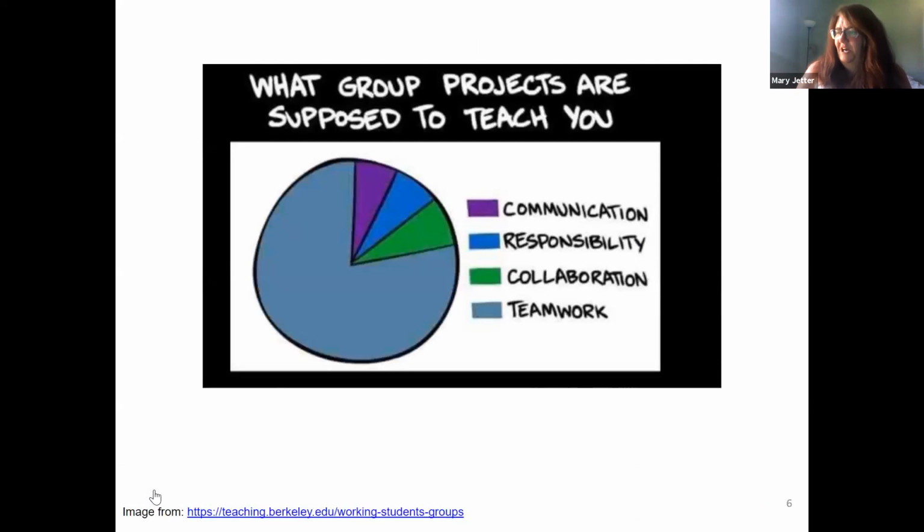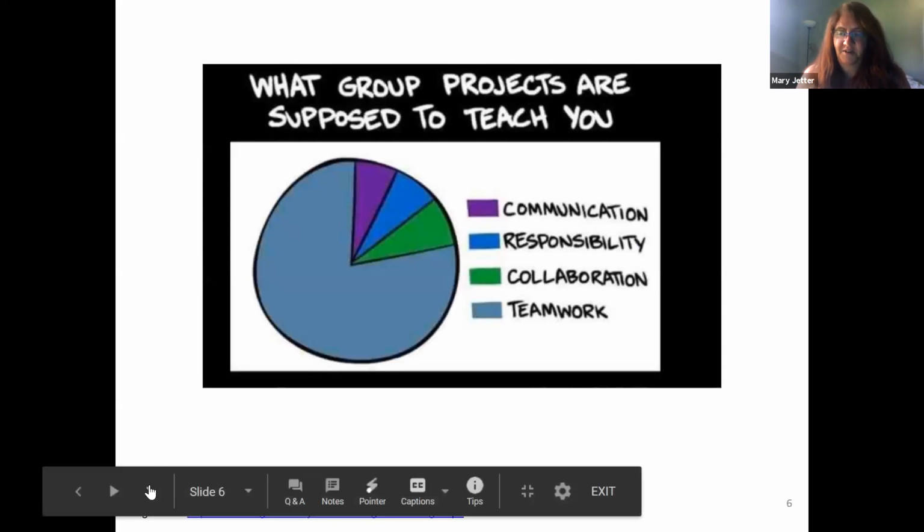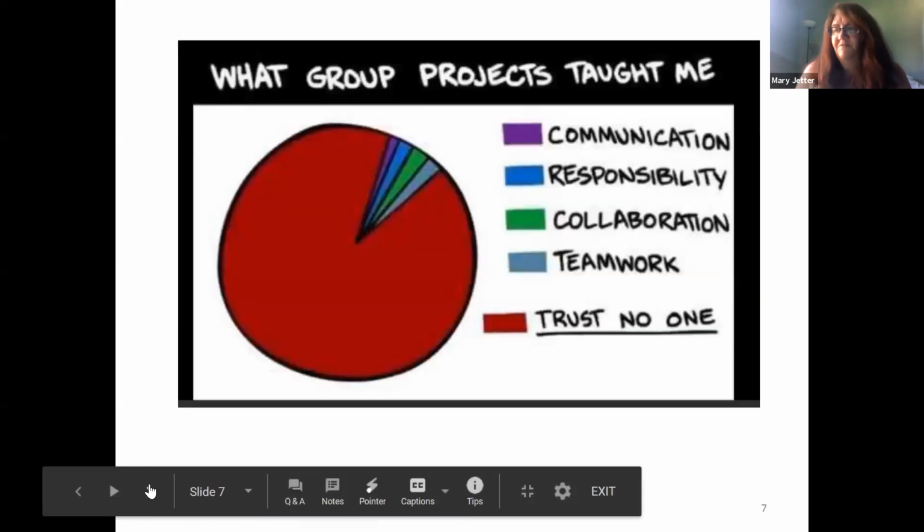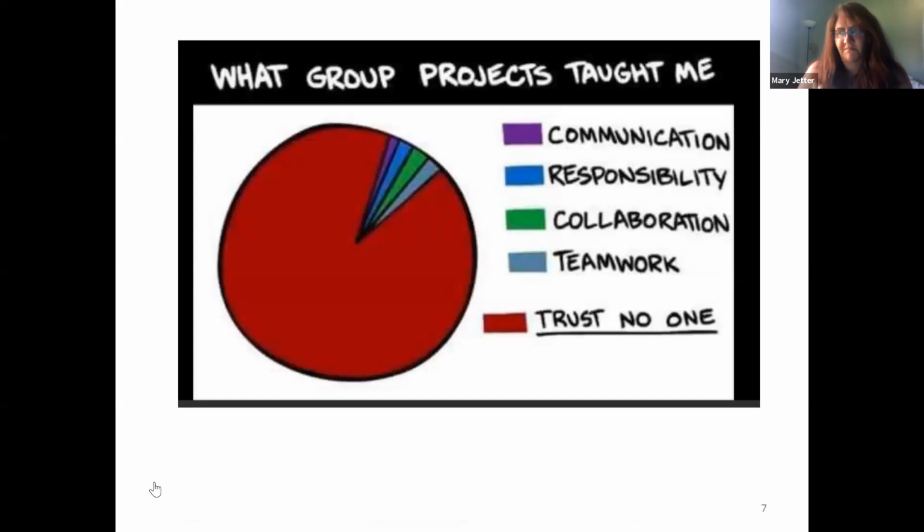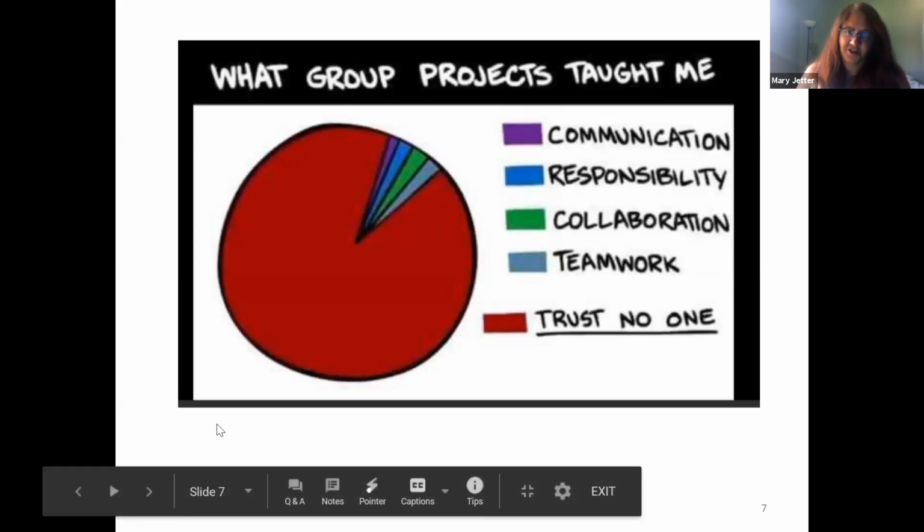this image before. So what group projects are supposed to teach you? So in theory, we want group projects, our students, to learn how to work effectively as a team. We want them to collaborate. We want them to learn responsibility or practice responsibility. And we want them to use effective communication skills or develop those skills. But for some students, might be what they think of. What group projects taught me, and in the end, it's trust no one.